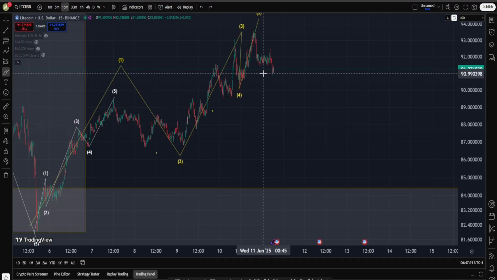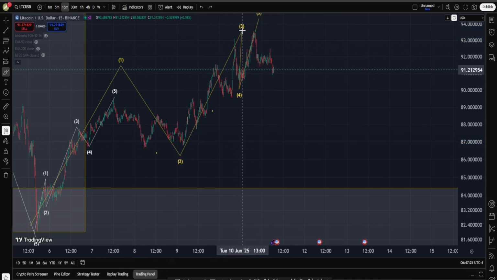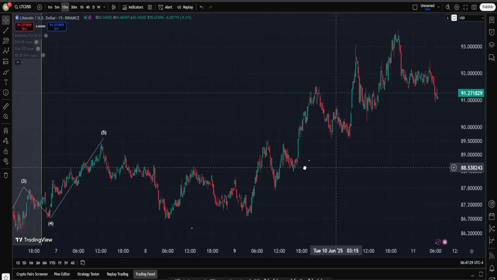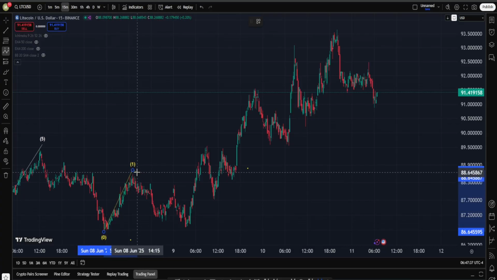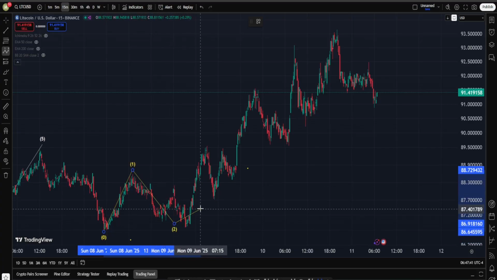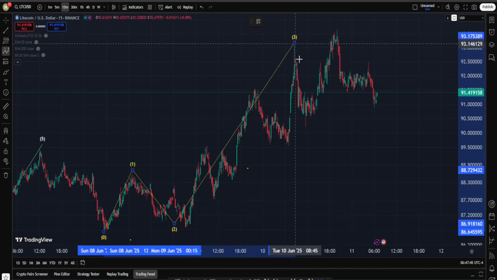Number two, I think there's a much better argument to be made for this whole move up from here to about this height being into this wave 3, and here is how. Let's zoom in more. Okay, so I think this is 1 2 3 4 5 up into wave 1, followed by, yes, probably an A B C structure into wave 2, and then pay attention, 1 2 3 4 5 wave up into wave 3.